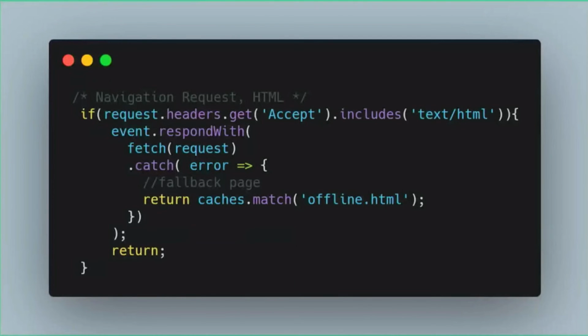So the one that we already built before, we can return with caches.match, and then if there's an error, that's our key part, we're going to show offline.html. As a good practice, you have to use catch, because that's where you're going to check, okay, there's no connection. I had an error, show this fallback page.